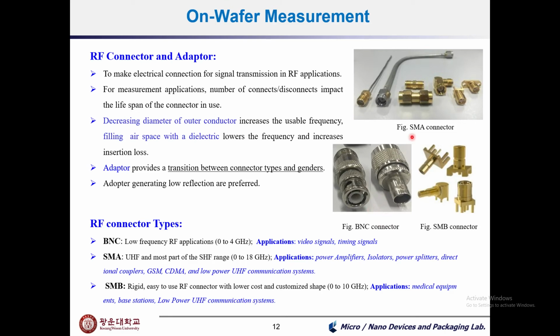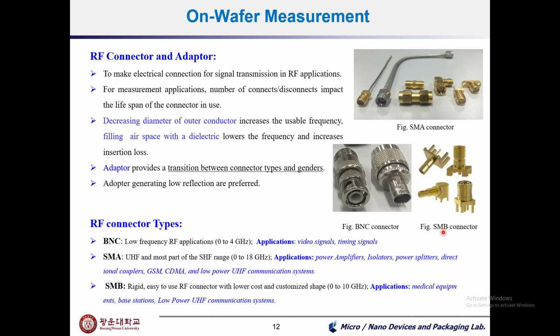The SMA connectors are used for quite high frequencies up to 18 GHz, and are mostly used in many RF applications such as power amplifiers, isolators, power splitters, directional couplers, and in GSM, CDMA, as well as in low power UHF communication systems.